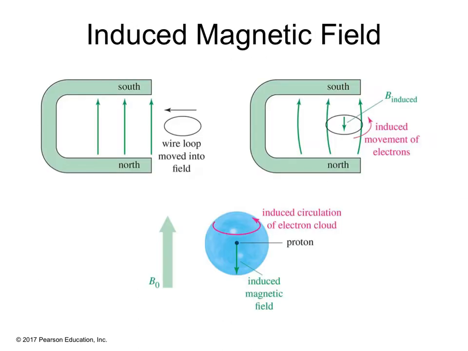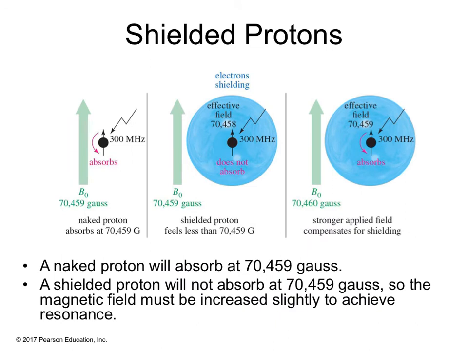And that's what it's showing you, how this energy, lots of physics here. Now, shielded protons, we're going to find that shielded protons will protect the nuclei from the magnetic field. The B0 is the magnetic field from the instrument. Okay, and protons are going to be shielded based on other elements in the structure.